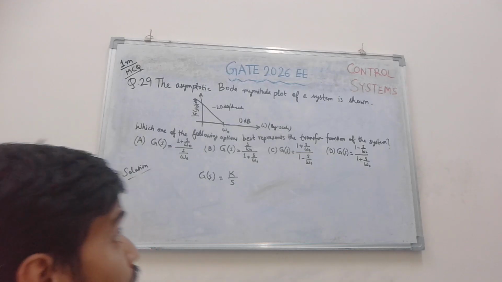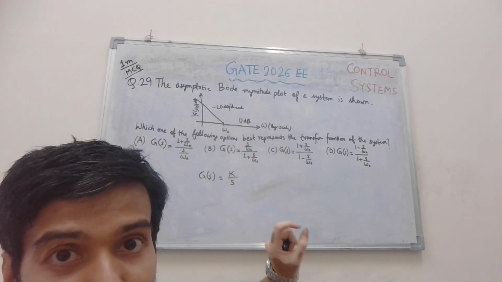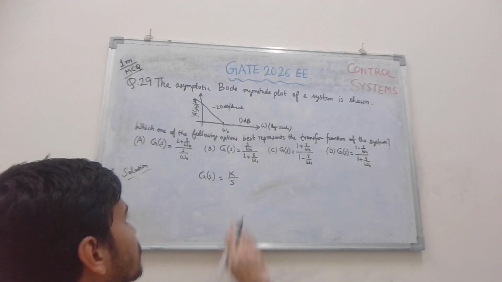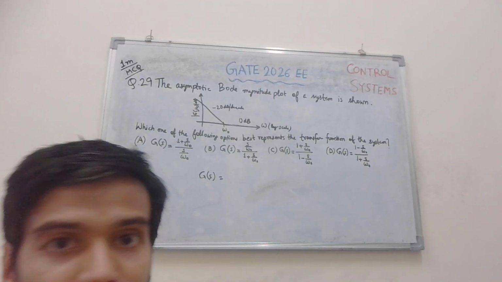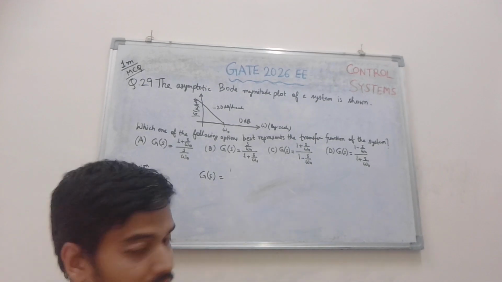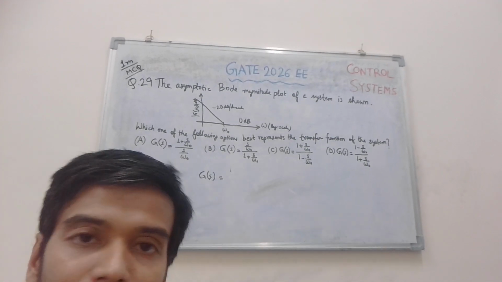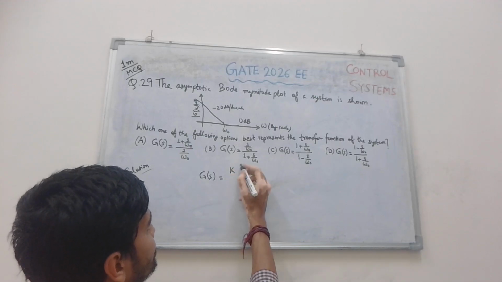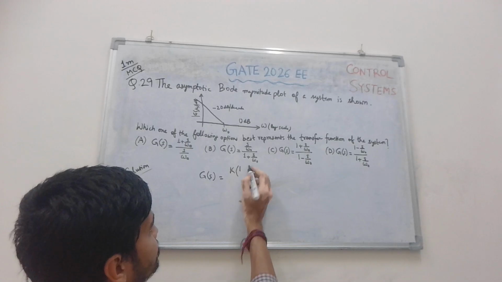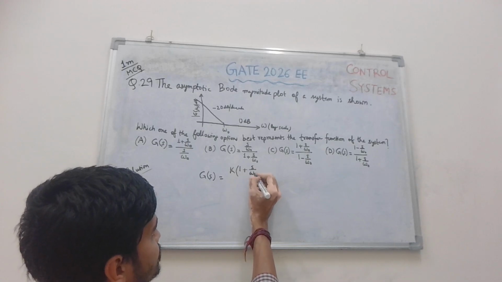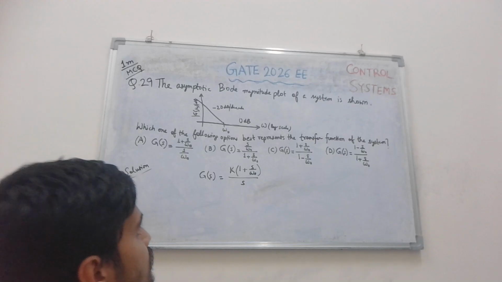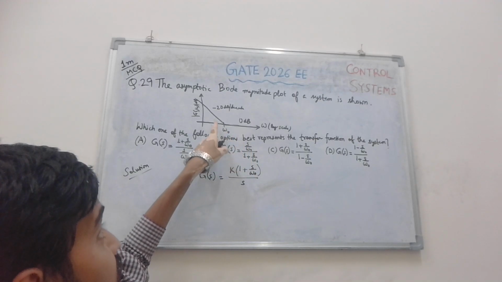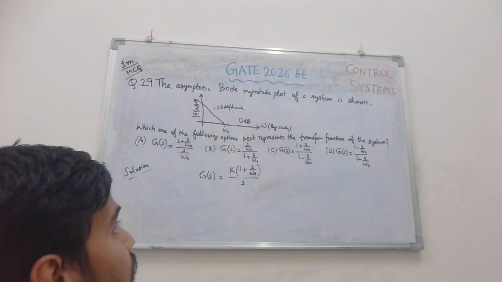And as the slope is from minus 20 to 0, there must be a first order zero at omega equal to omega naught. There will be a single order zero, sorry, first order zero at omega equal to omega naught, that is from minus 20 to 0 dB.